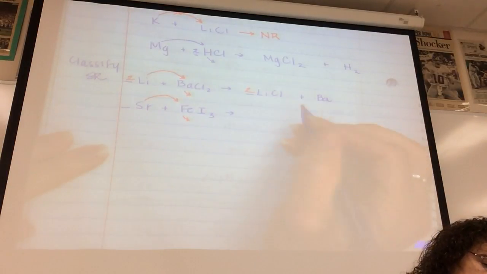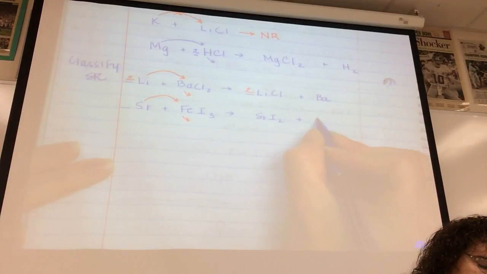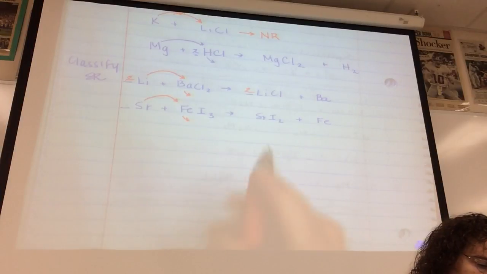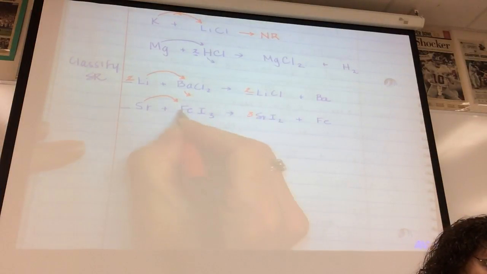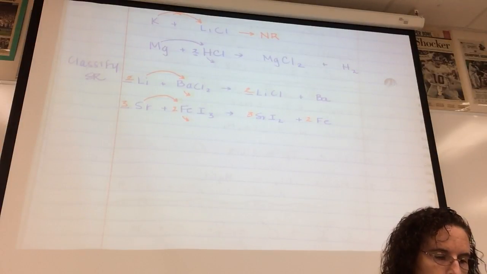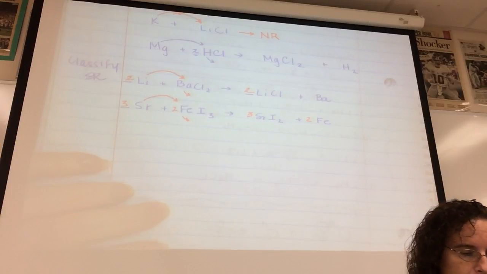Now what? Then you have to formula write strontium iodide, and that's SrI2. Perfect. And then just Fe. Yep. Then you have to balance it, and it's 3, 2, 3, 2. Yep, you got it. Perfect. Single replacement dealing with a metal.